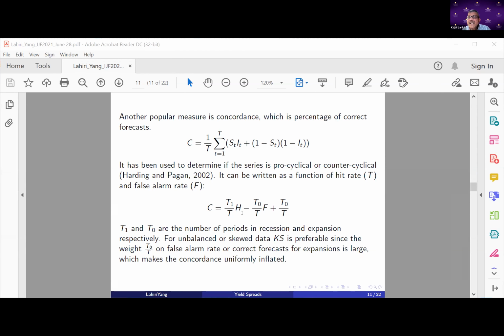Now there's an algebraic relation between the concordance and the Kuiper score. The Kuiper score is H minus F, hit rate minus the false alarm rate, but the concordance has this T0 over T1, which is a big number, which overwhelms this C measure. So this imbalanced nature of the sample unfairly affects the concordance index.